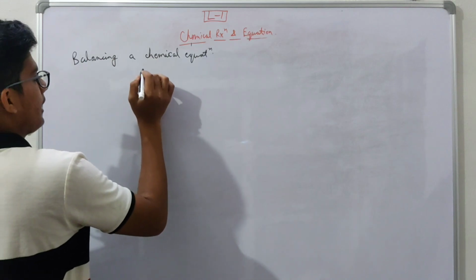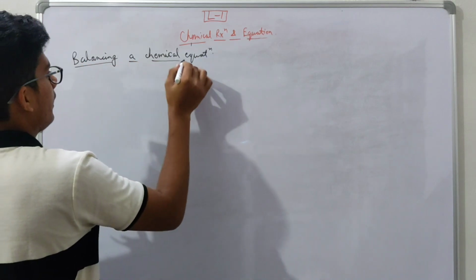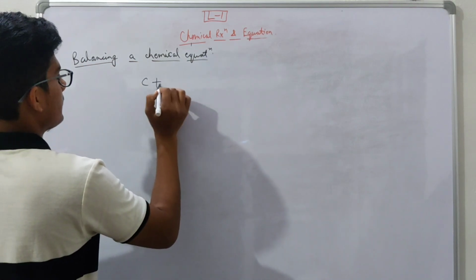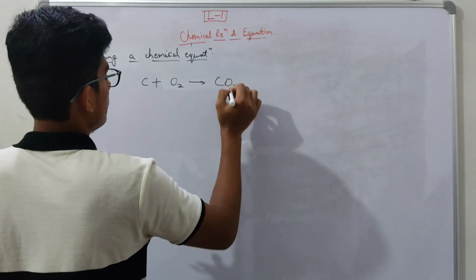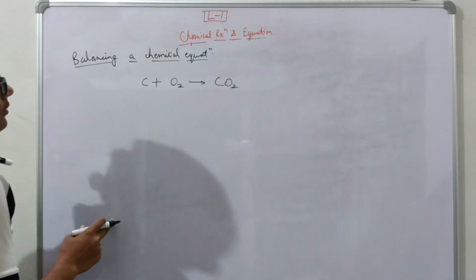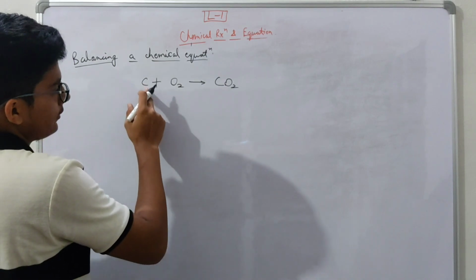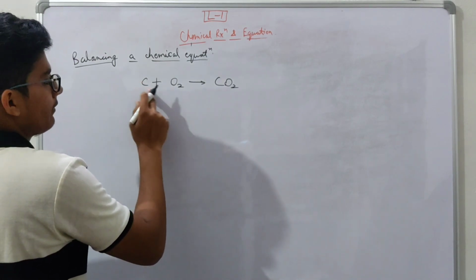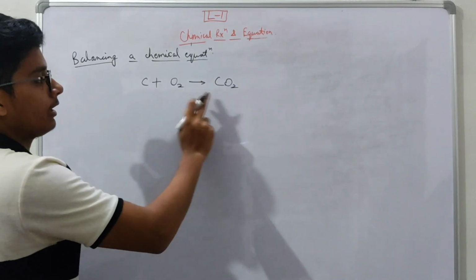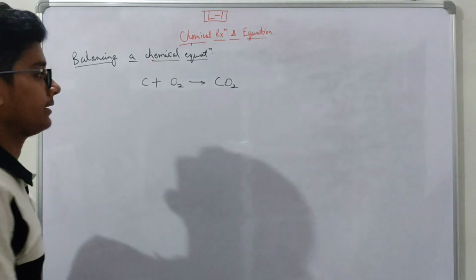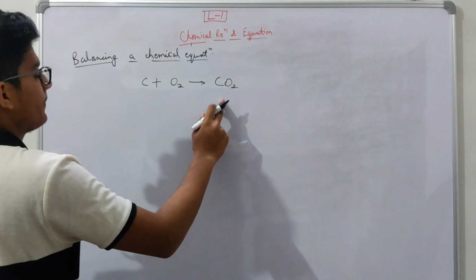Suppose previously I used the equation C plus O2 gives CO2. Here you can clearly see that this equation is balanced: one carbon on the left-hand side, one carbon on the right-hand side, two oxygen on the left-hand side, and two oxygen on the right-hand side. So it is a balanced equation.